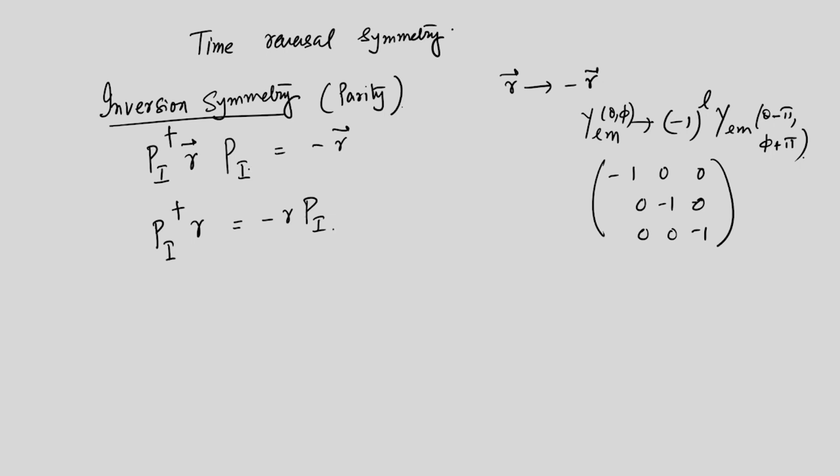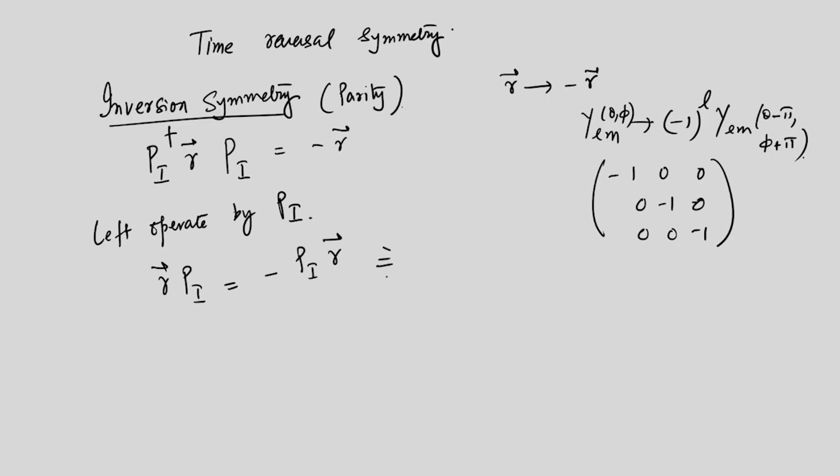Let's left multiply by Π, and that will become R Π, because Π dagger Π becomes equal to 1, equals minus Π R. That tells you that they anti-commute, because RΠ plus ΠR equals 0, and hence Π and R anti-commute.